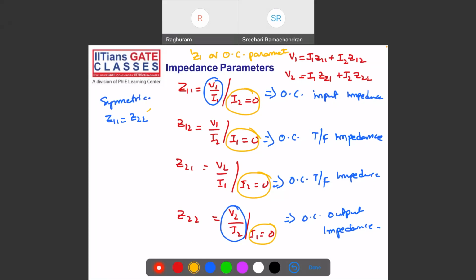If Z12 is equal to Z21, then you call it a reciprocal network. Reciprocal means the ratio of response to excitation is invariant if you interchange the positions of excitation and response of the network.